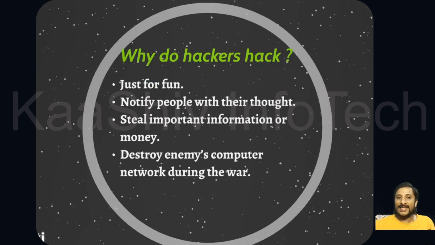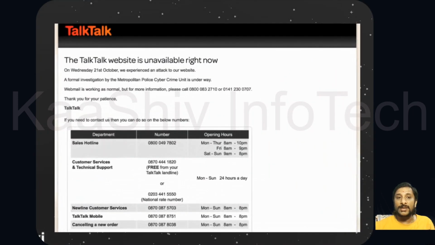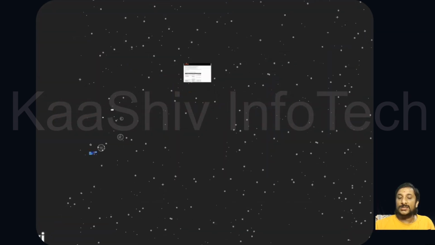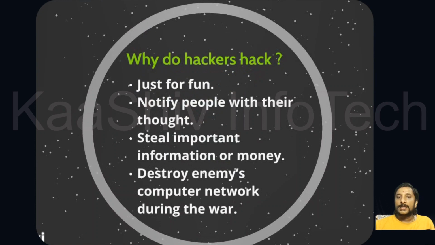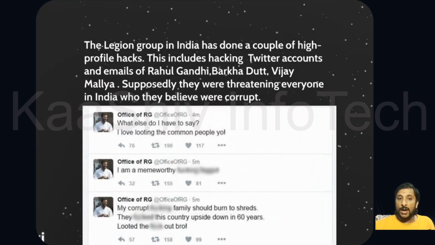Why do hackers hack? For fun, to notify people of their thoughts, to steal information for money, to destroy the enemy's things. You can see here, the website is not available. A typical example: the website is hacked and it is not available. Also destroying the enemy's computer network during war, where countries attack each other.